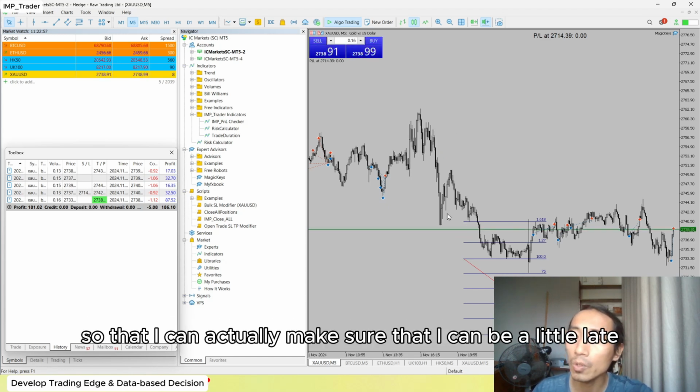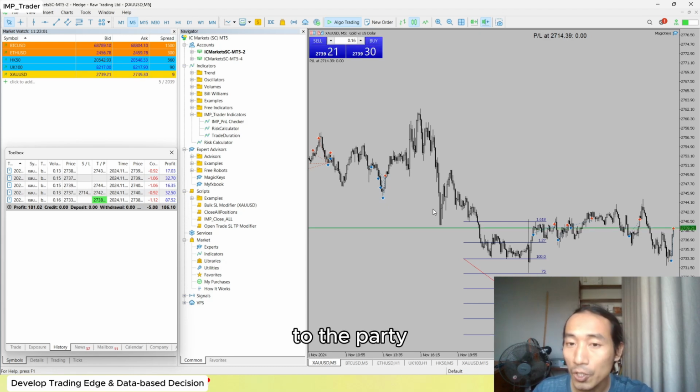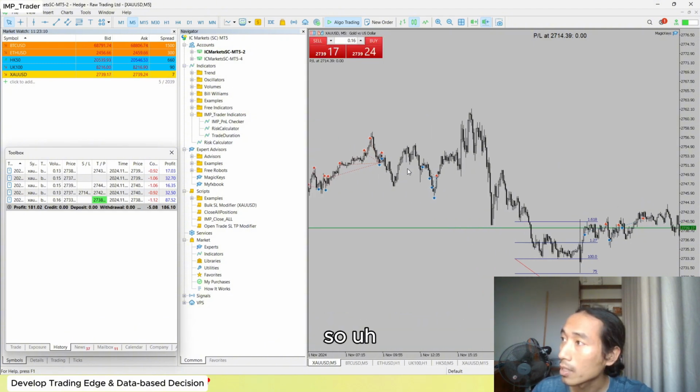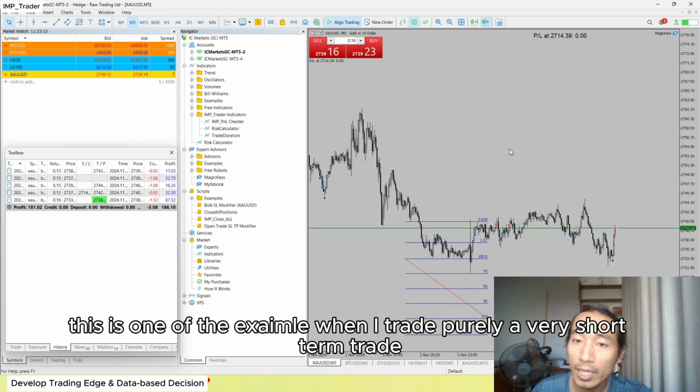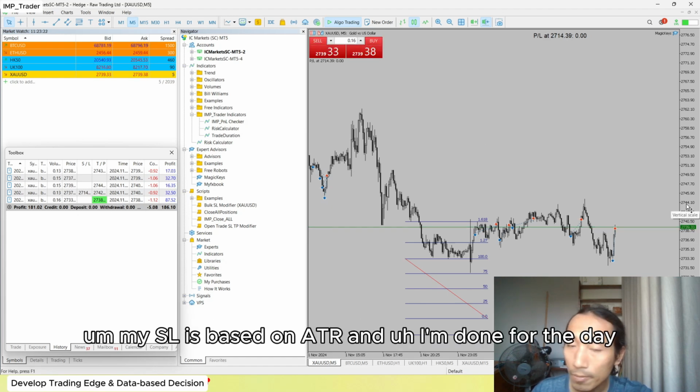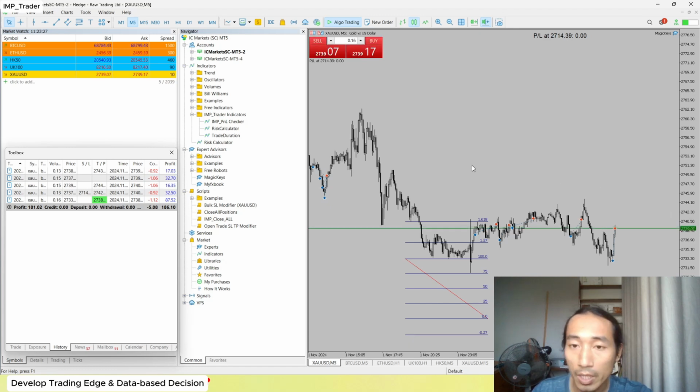I can be a little late to the party, but I want to make sure I'm on the right side of the V. So this is one example of when I trade a very short-term trade with a small size. My stop loss is based on ATR, and I'm done for the day.